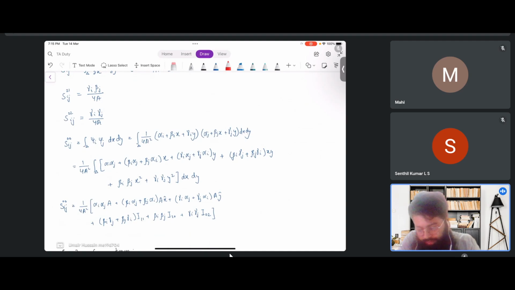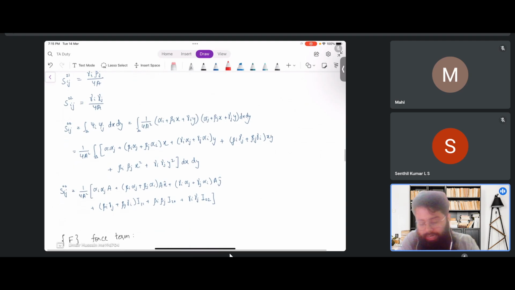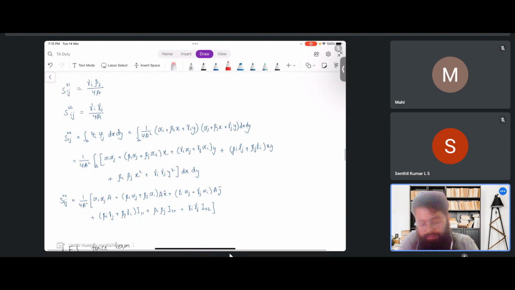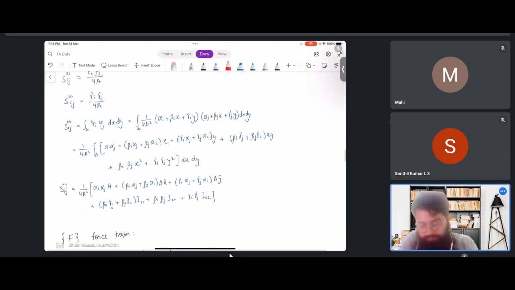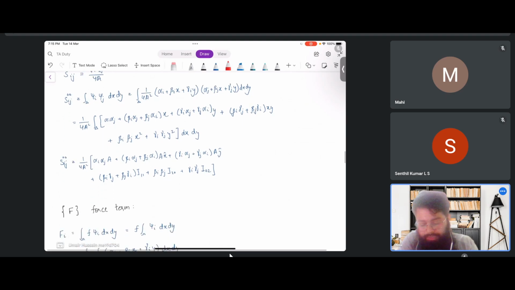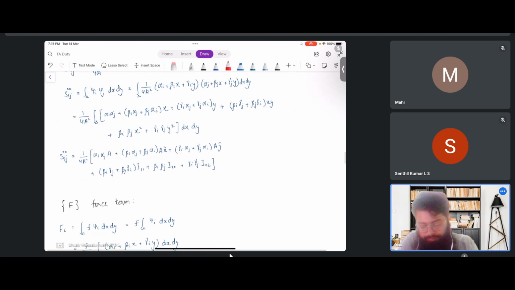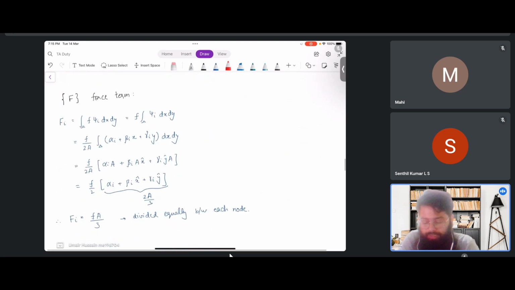For Sij00, we had a rather longer expression because we still have the x and y terms here, so we'll have integrals of x squared, y squared, all these. So we'll have a long expression. What's interesting is the force vector here. The force vector is the integral of f times psi i dx dy.